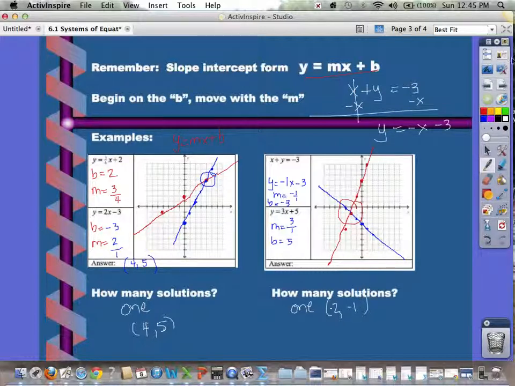So my solution on this one is negative 2, negative 1. Okay, and again, you can check these with your calculator. Go and plug in y equals negative 1x minus 3 and 3x plus 5. Graph it, and then second trace 5, enter, enter, enter, and it will tell you that this is the solution, okay? So always check your work.